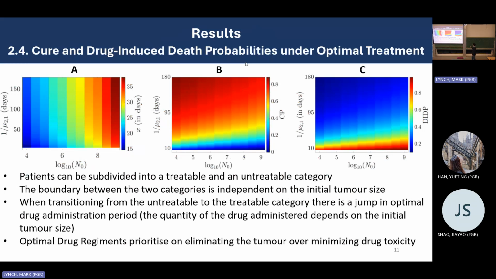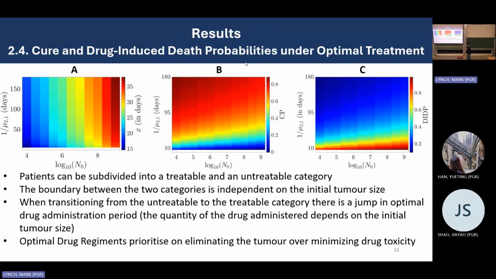To be more precise, we can look at the drug-induced death probability, the probability of the patient dying from the drug, which is very large, larger than 0.8. So this means that our optimal solutions basically prioritize eliminating the tumor, as opposed to limiting drug toxicity for this group of patients.